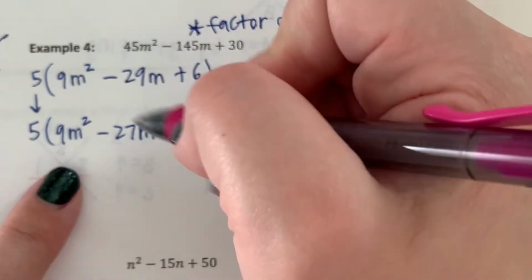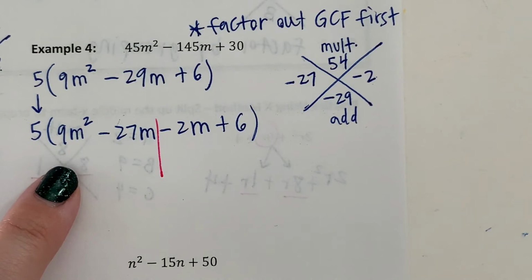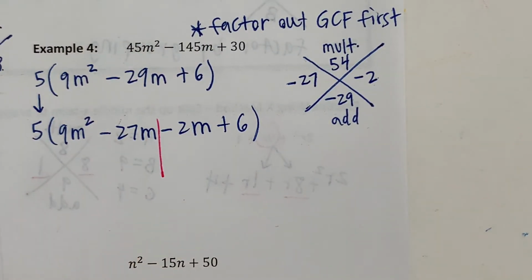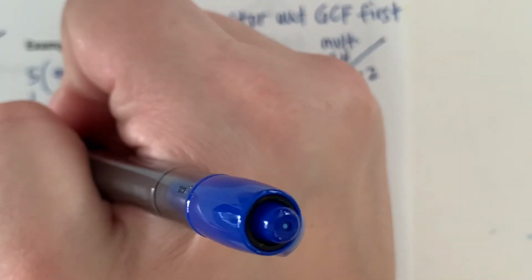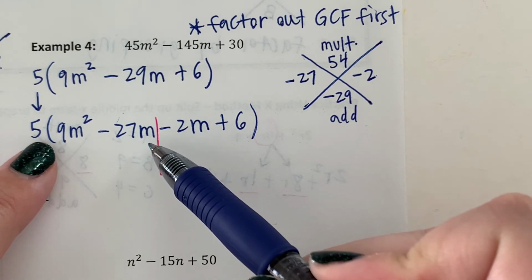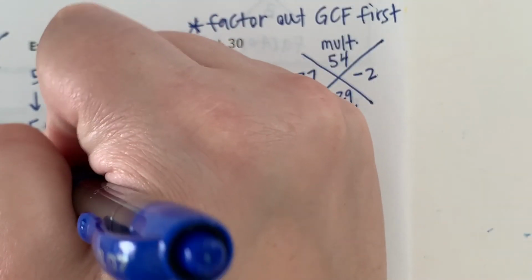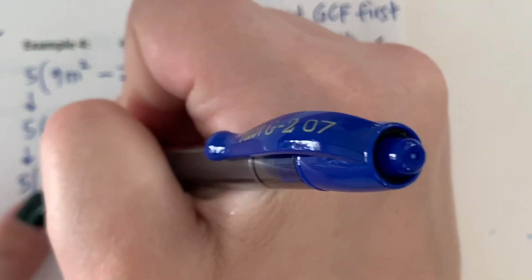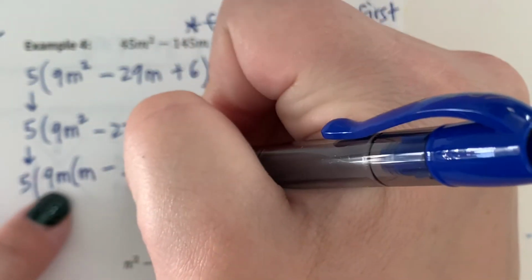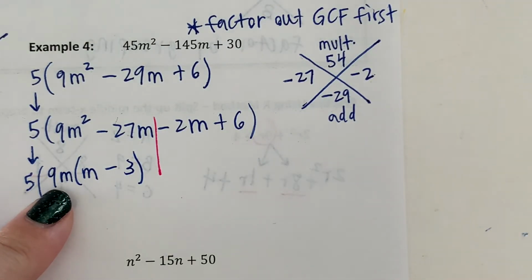Now I can factor by grouping here. So I can look at first half and second half. So again, I can pull down the 5. GCF for the first half, let's see, I can pull out a 9m. 9m times m gives me 9m squared. 9m times negative 3 gives me negative 27m.